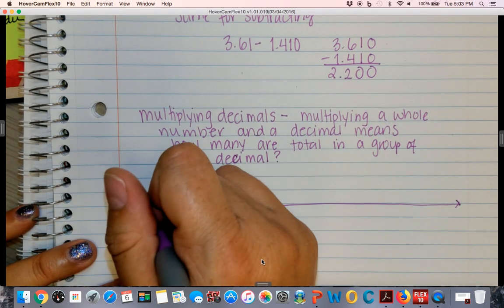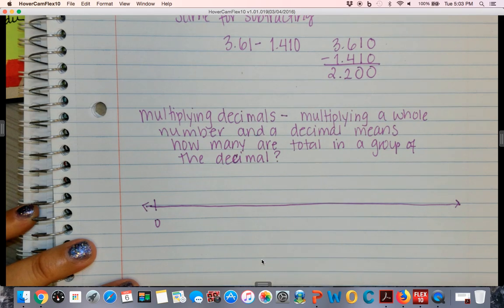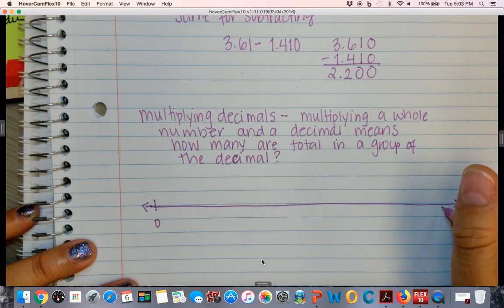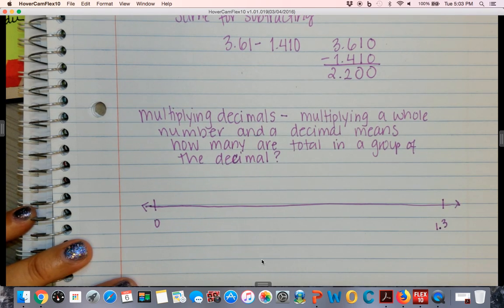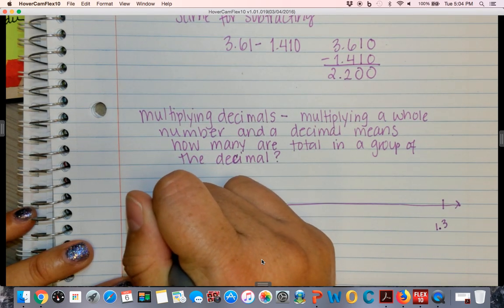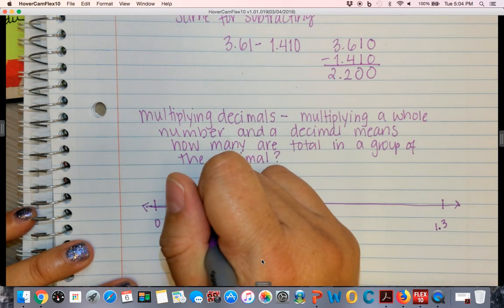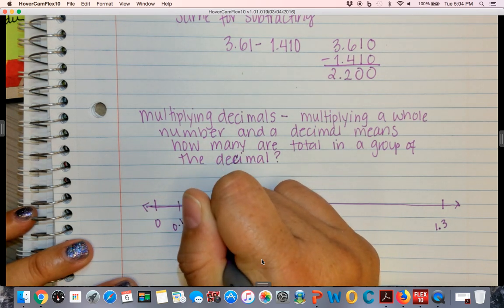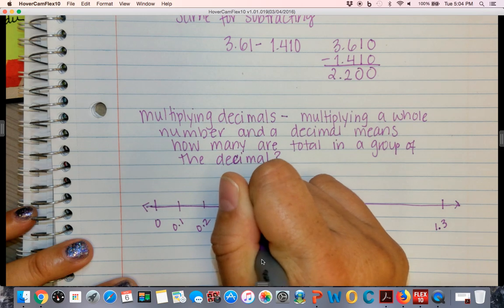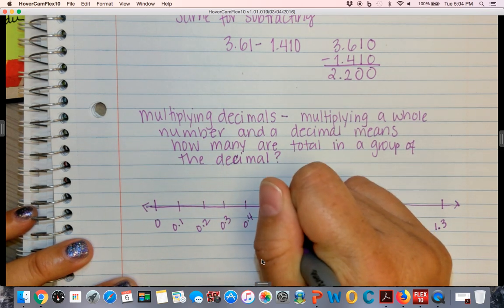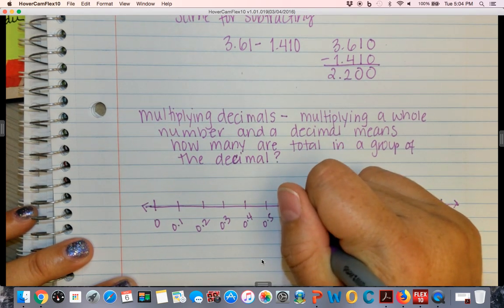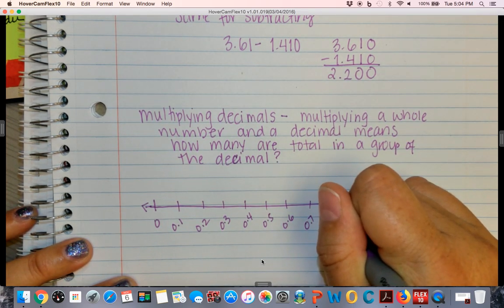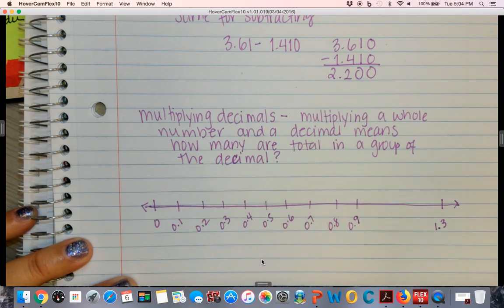And I'm going to go from 0 all the way up to 1.3, or 1 3/10, and I'm going to do every tenth. So 0, 0.1 or 0.10, 0.2, 0.3, 0.4, 0.5, 0.6, 0.7, 0.8, 0.9.